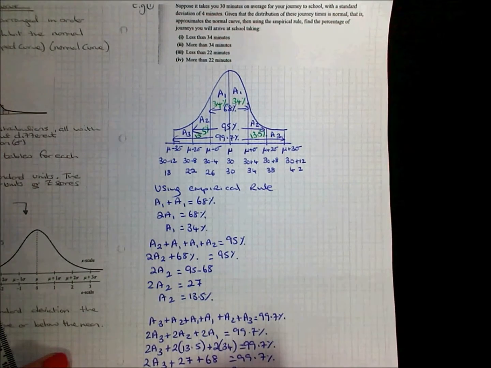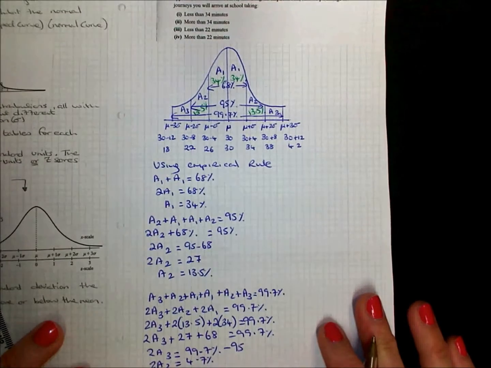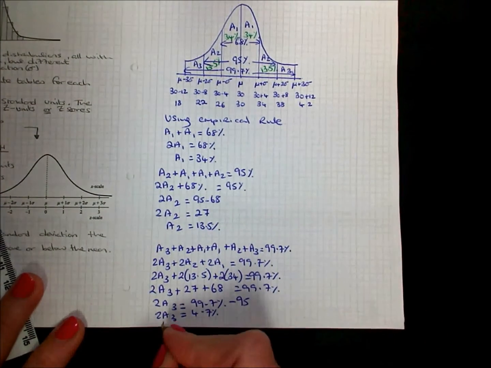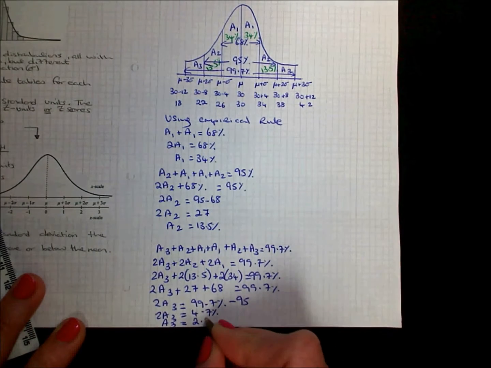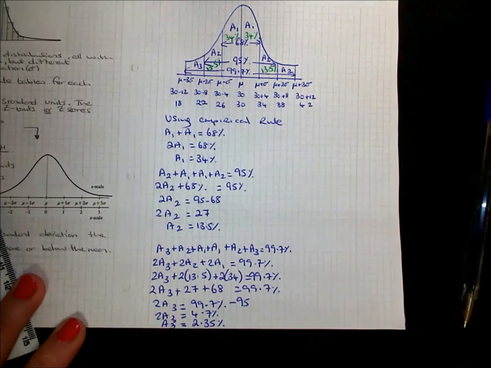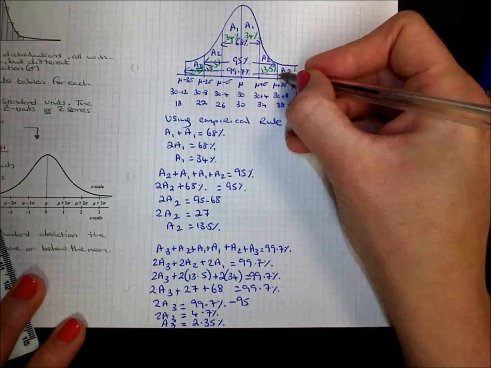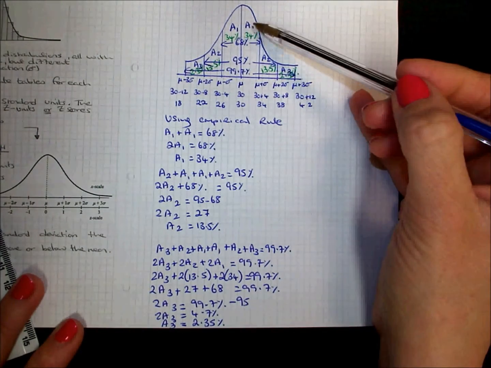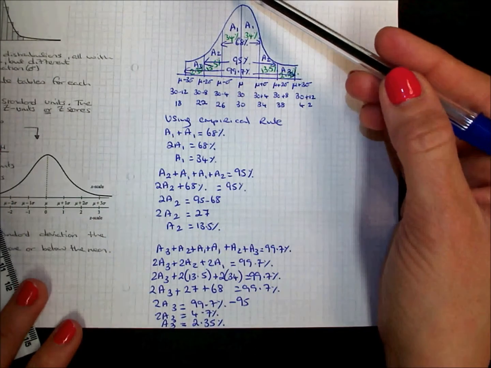Twice area 3 is equal to 4.7%. So area 3 is equal to 2.35%. So I have my 2.35% and my 2.35%. So I have my full normal distribution filled in with the percentages for this particular question.